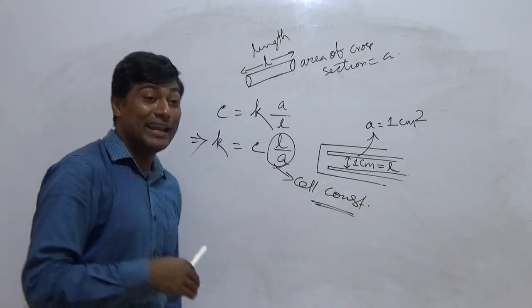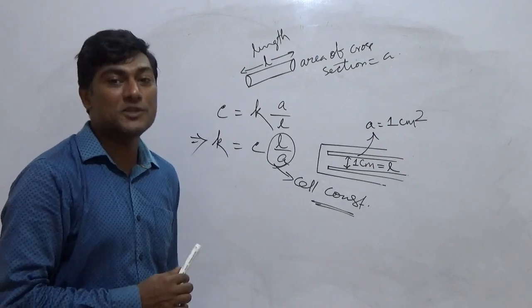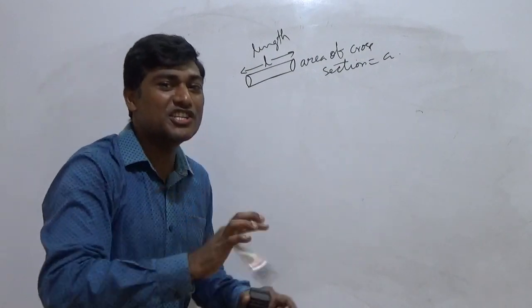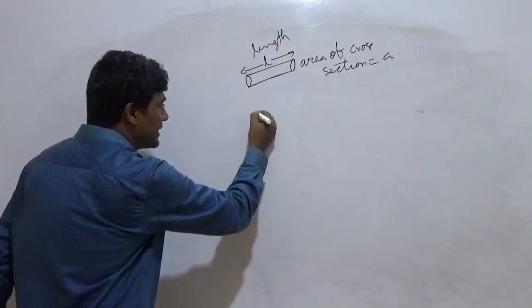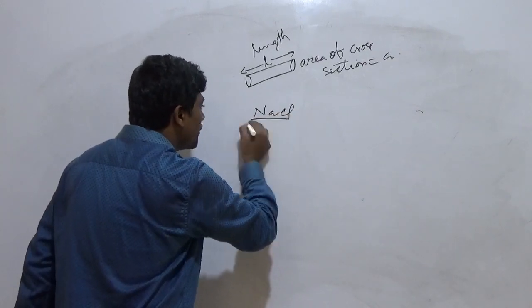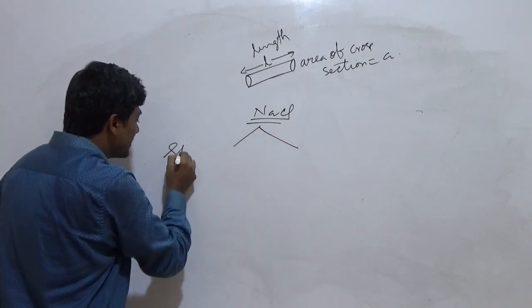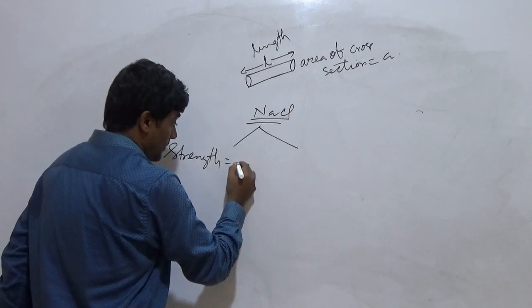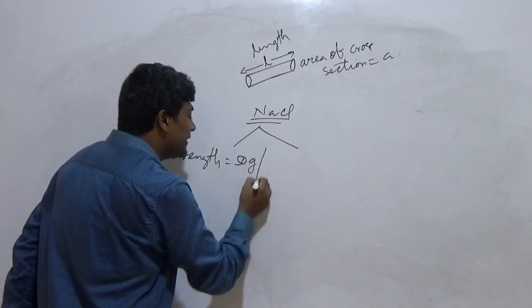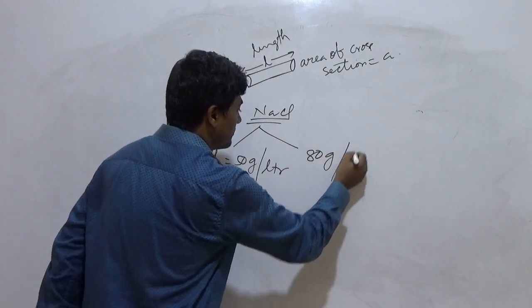Now let us see the disadvantages of measuring specific conductance. Let's consider two different solutions of the same electrolyte, say sodium chloride. The strength of one is say 50 gram per liter and the other is 80 gram per liter.